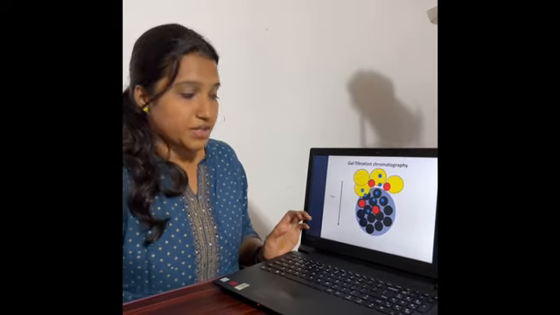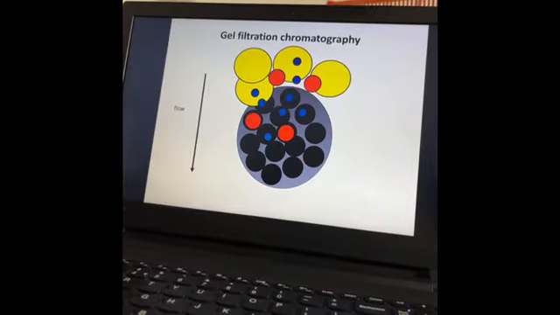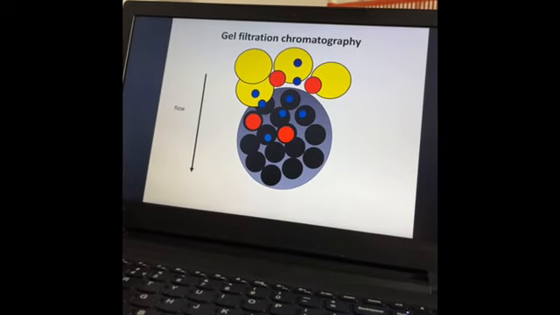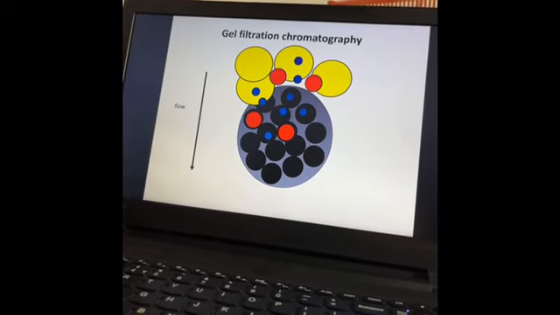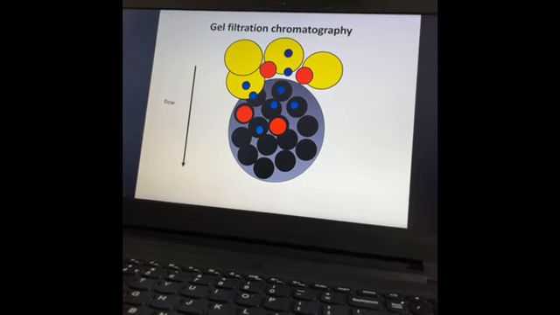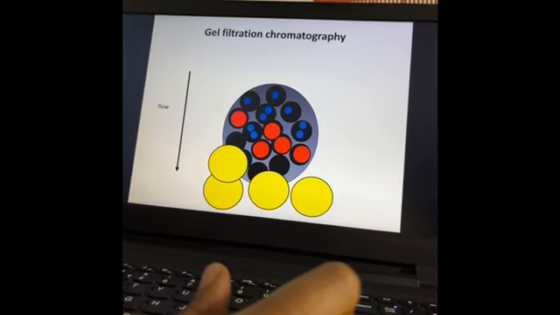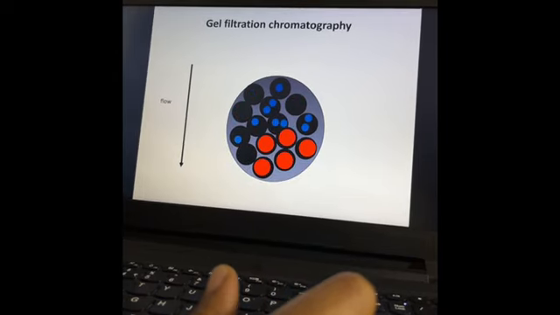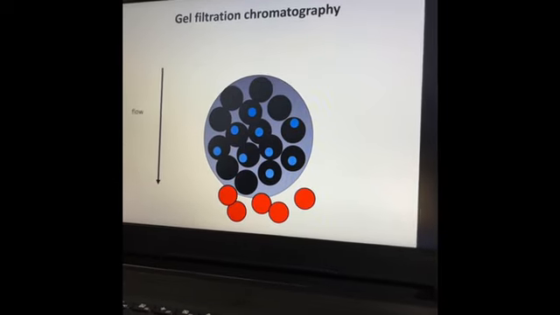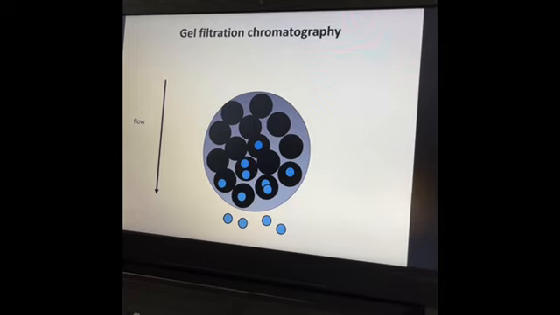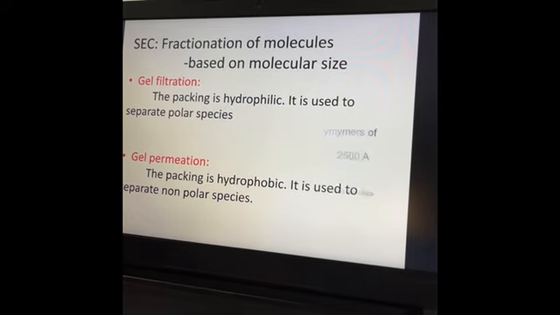Assume a column containing a packing material, then introduce the mixture of solutes into this column, and the molecules are segregated. The larger solutes are eluted rapidly and fast, then the intermediate solutes are eluted. Last, the smaller ones are eluted.